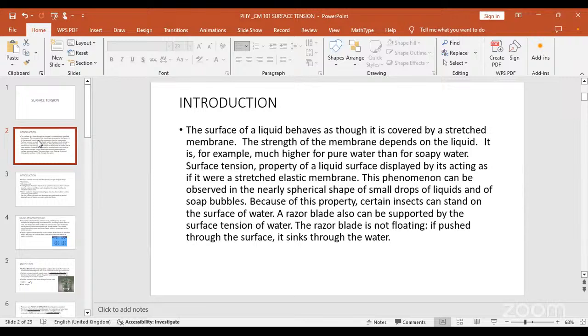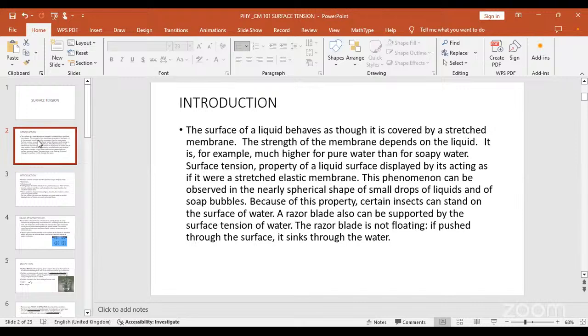The strength of the membrane depends on the nature of the liquid.